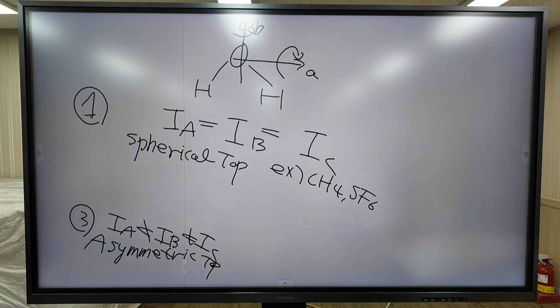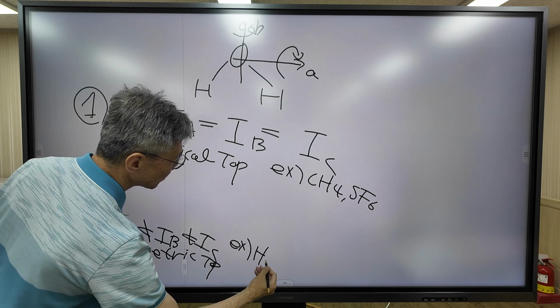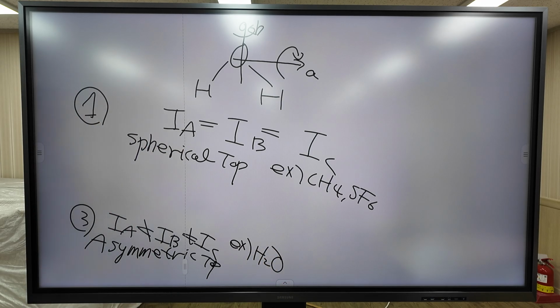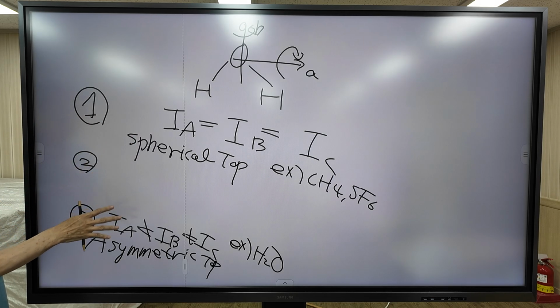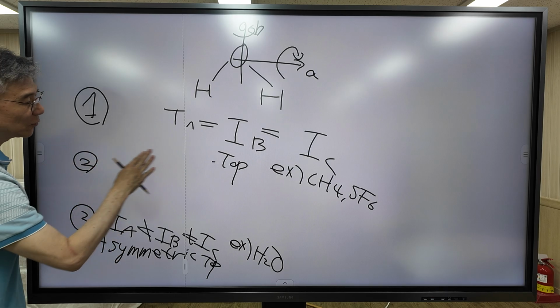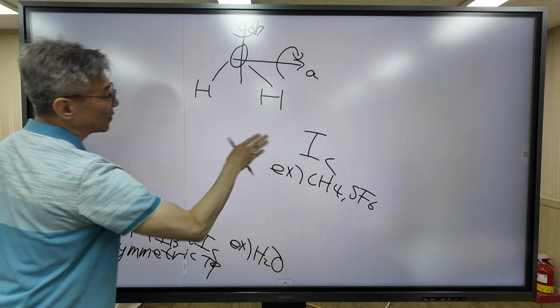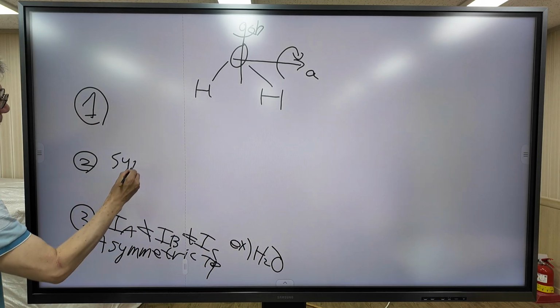Typical example is 1. What remains then? All the moments of inertia are equal, it is a spherical top. All the moments of inertia are different, asymmetric top. What remains? Two moments of inertia are equal. It is called a symmetric top.